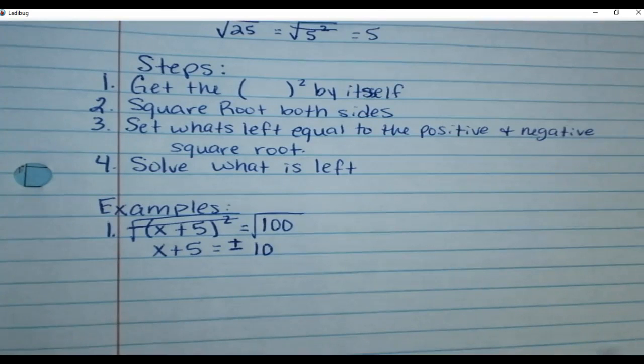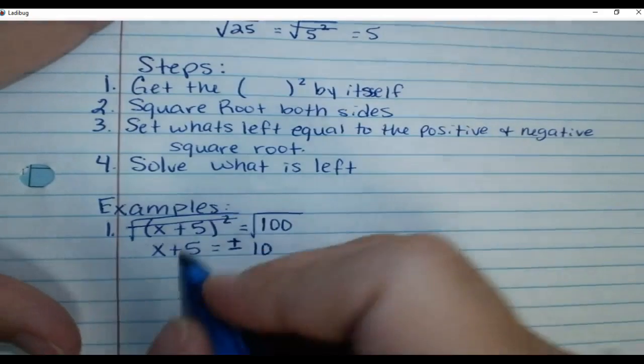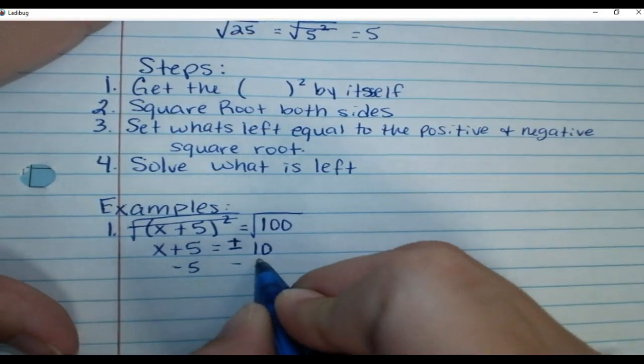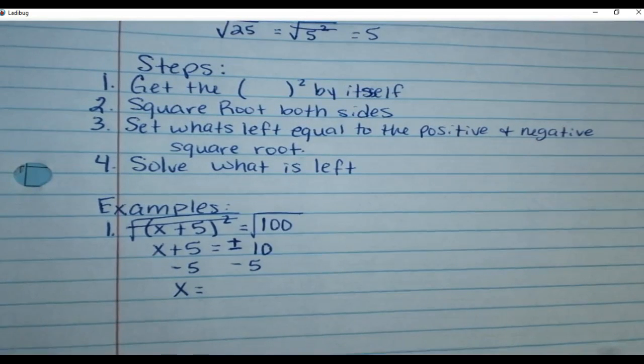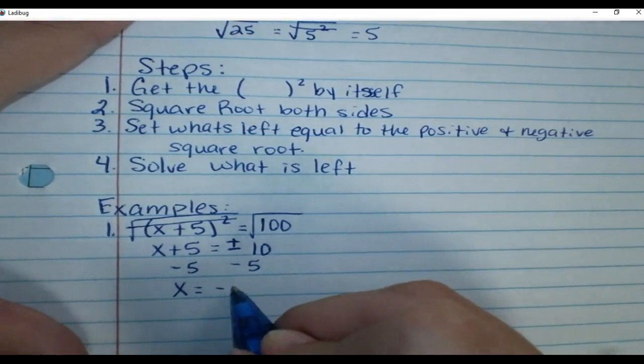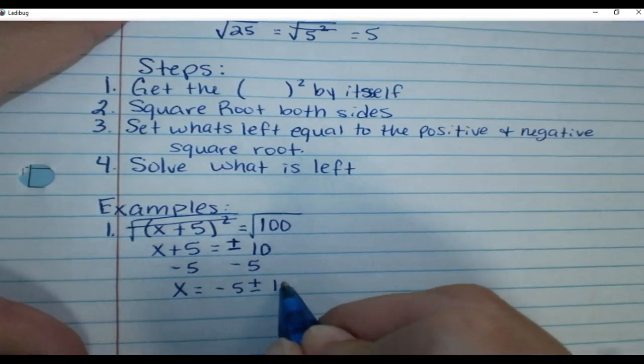Questions? So then how would I solve for x? Good, so we'll subtract 5 from both sides. Okay. So then that gives me negative 5 plus or minus 10.